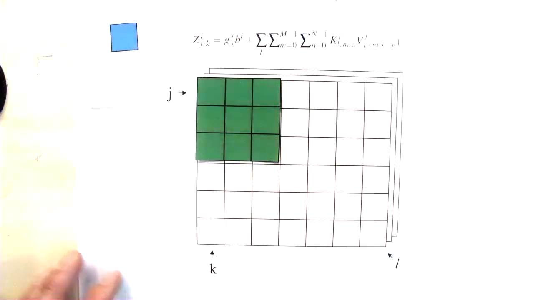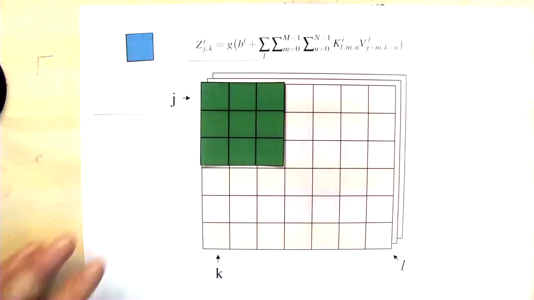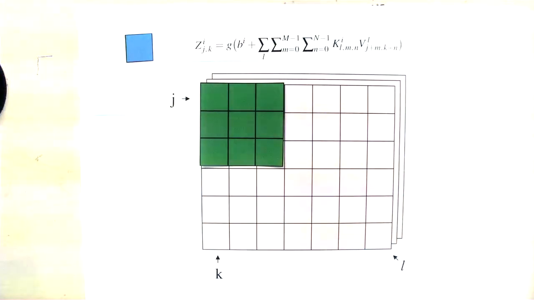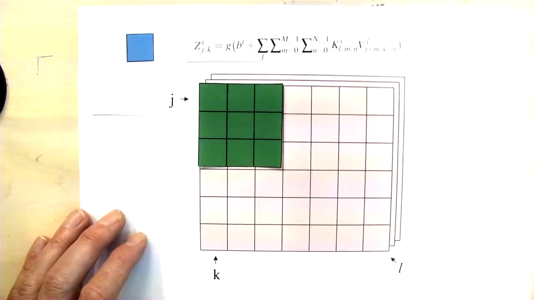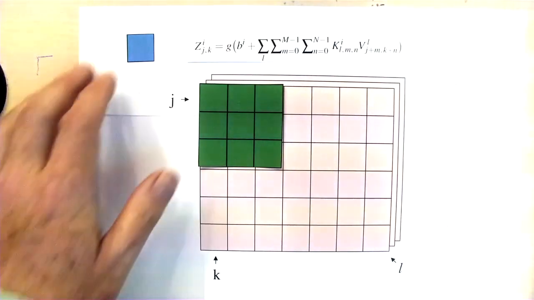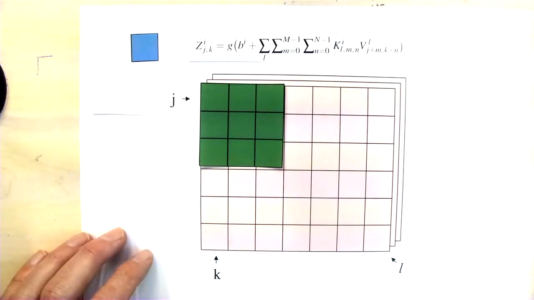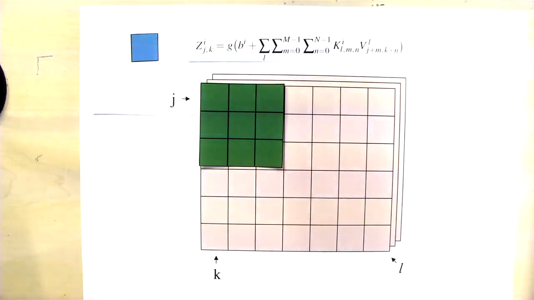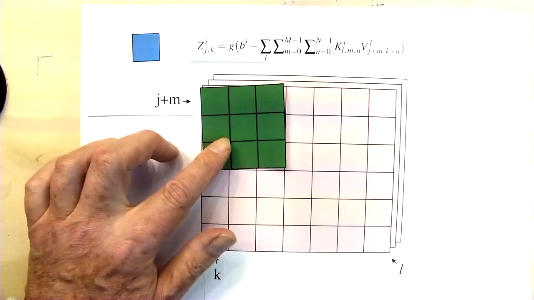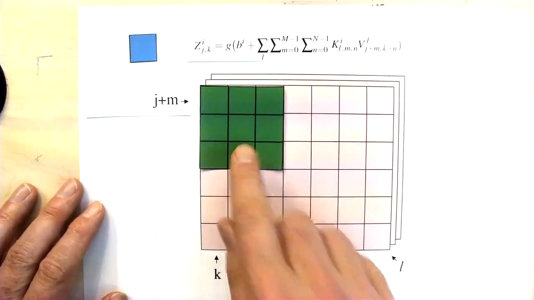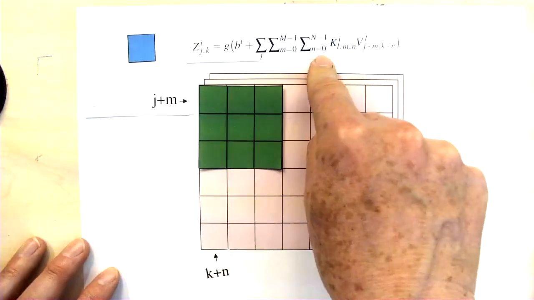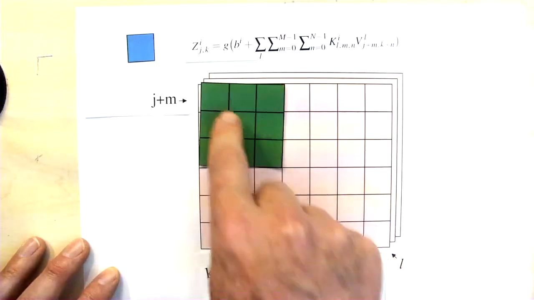This is the input layer, and I'm trying to calculate something in the next layer, in the first convolutional layer. So this is the first layer in the neural network. The way I do it is I have this inner loop that goes through these green squares.